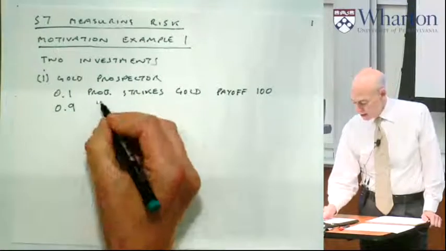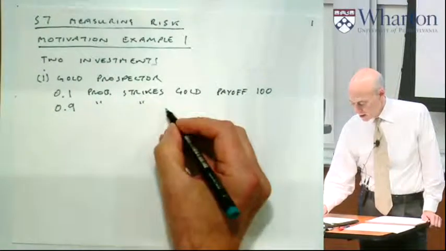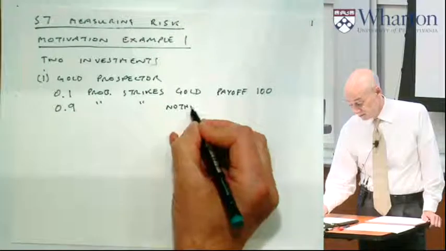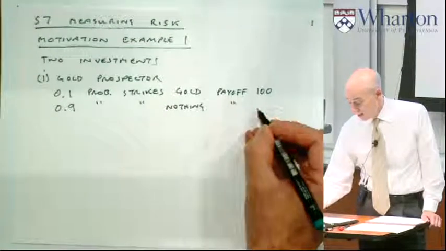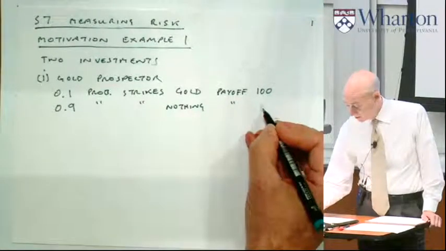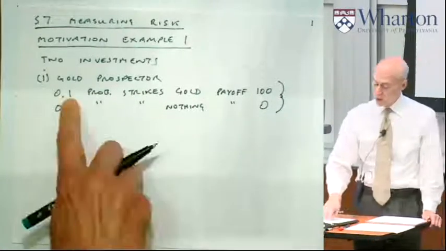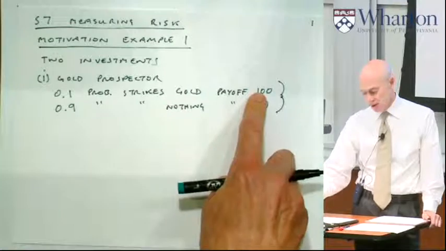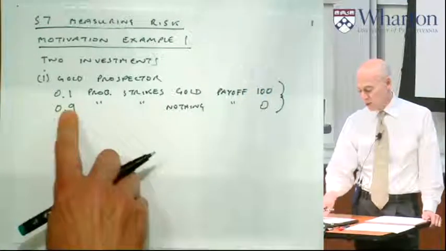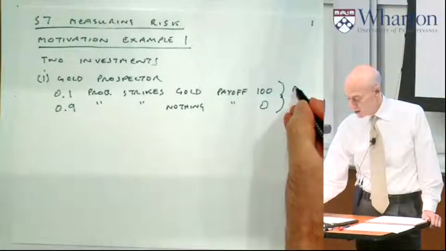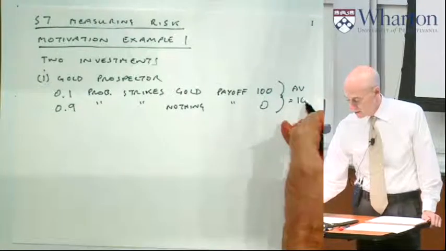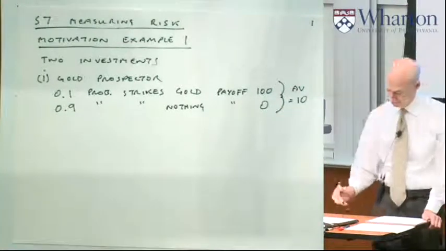But 90% of the time, he strikes nothing, and in that case, the payoff is 0. So on average, you get 0.1 times 100, which is 10, plus 0.9 times 0, which is 0. So the average is 10.